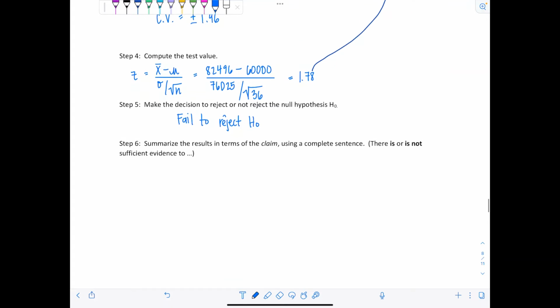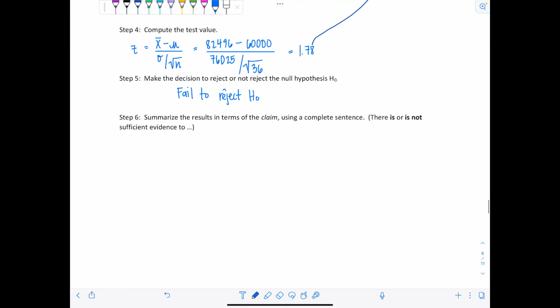So summarize the results in terms of the claim using a complete sentence. So this time I'm going to say there is not, since we failed to reject, sufficient evidence to, instead of support, this time I'm going to say reject the agent's claim.